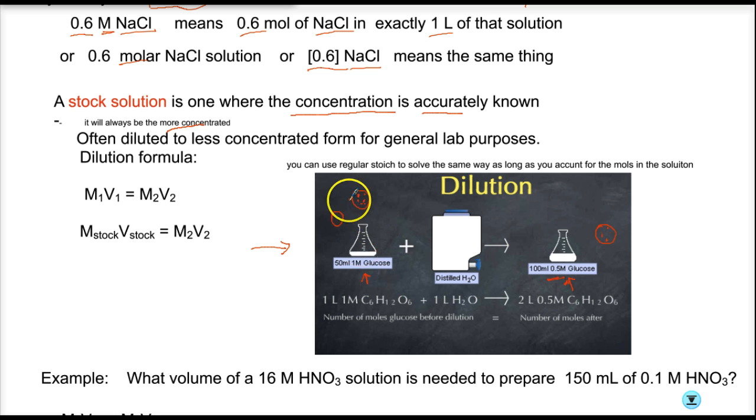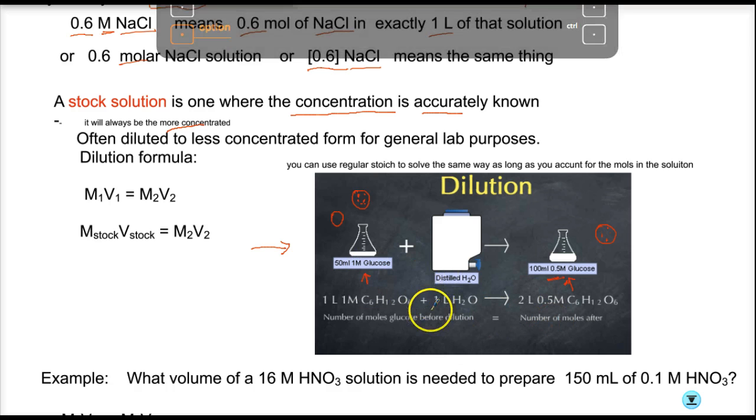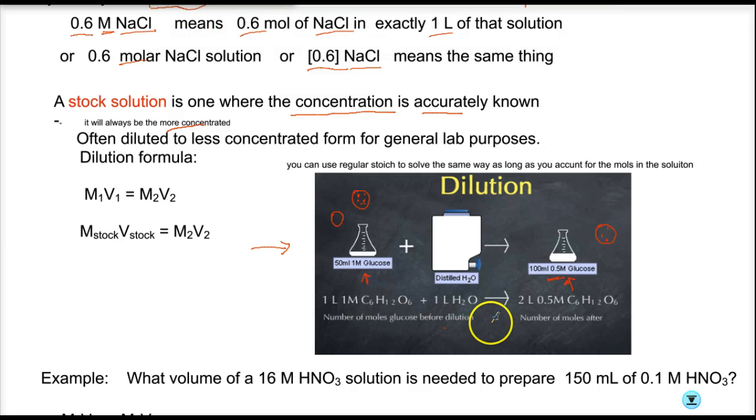But you're just taking the same number of moles, the same number of molecules, and diluting it with water, and this happens in mole proportion. So the number of moles of glucose before the dilution is still equal to the number of moles after the dilution, but our concentration changes. Notice that you had 50 milliliters of a 1 molar solution. We add 50 milliliters of water, and now it's half as concentrated, so it is 0.5 molar glucose.